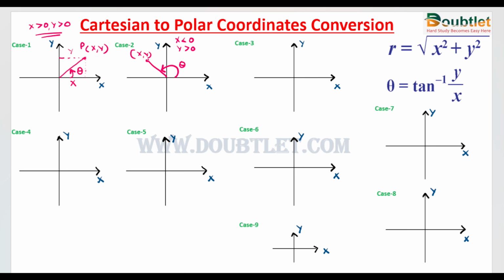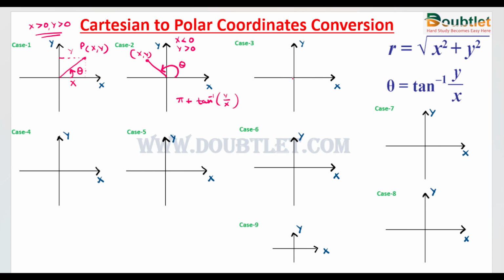If we calculate this directly using the formula, it will be a wrong answer, because the total angle will be pi minus tan inverse of the magnitude. Since x is negative, we write it as pi plus tan inverse of y divided by x, because the negative comes out and is subtracted from pi.